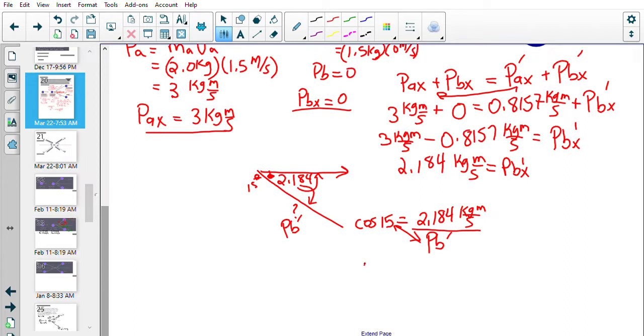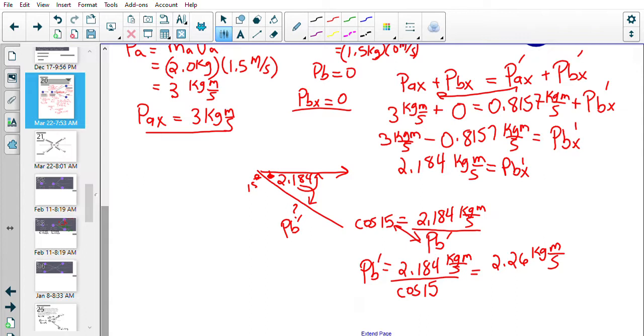And so you're left with PB prime equal to 2.184 kilogram meter per second divided by the cosine of 15. And then you get a hypotenuse which is bigger, as it should be, and you get 2.26 kilogram meters per second.